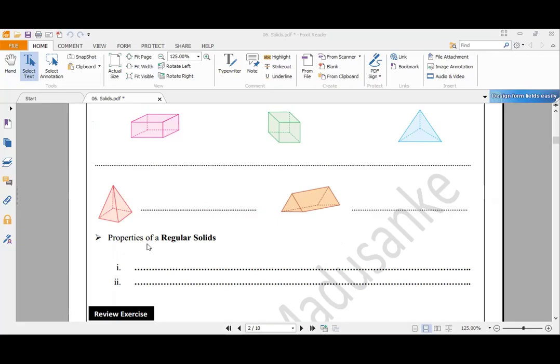If any solid is to become regular, there are two special properties that you need to understand and satisfy to make a solid a regular solid.